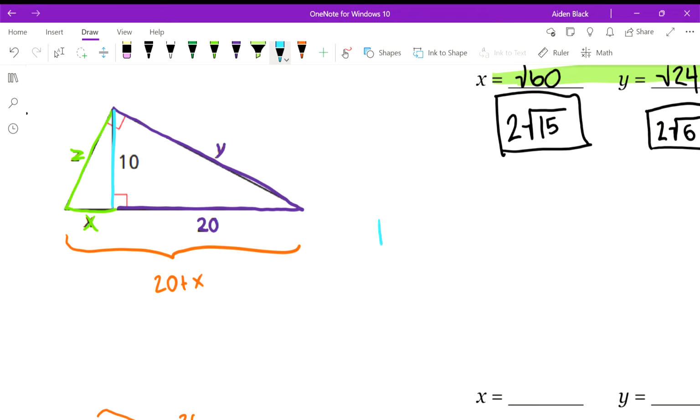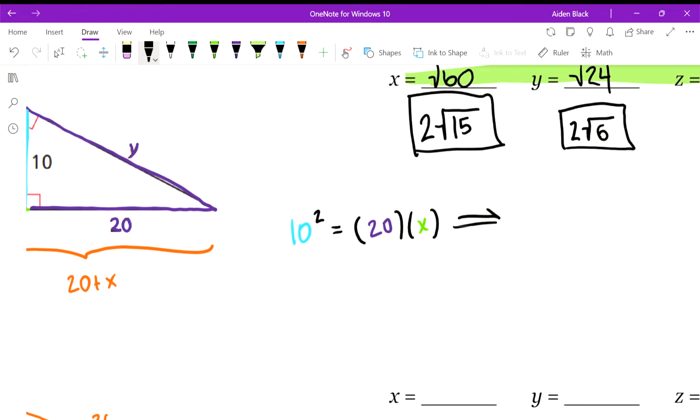It's 10. 10 squared is equal to 20x. 20 times x. So just to keep it color coordinated, this is 20 times x.